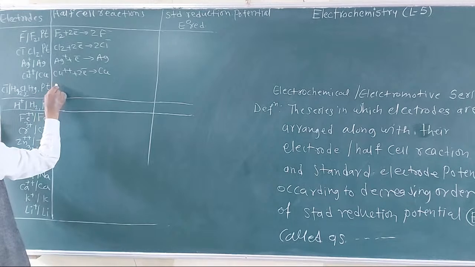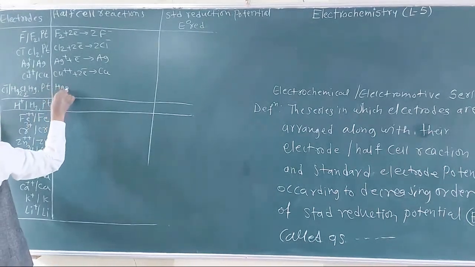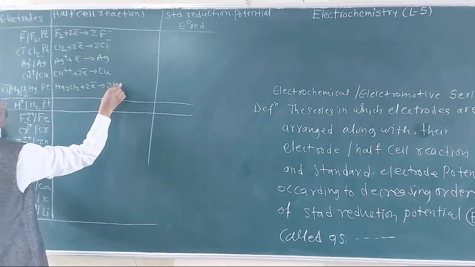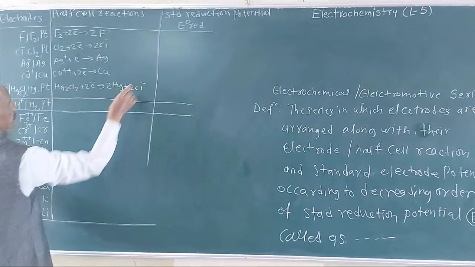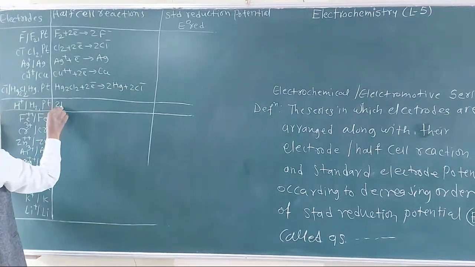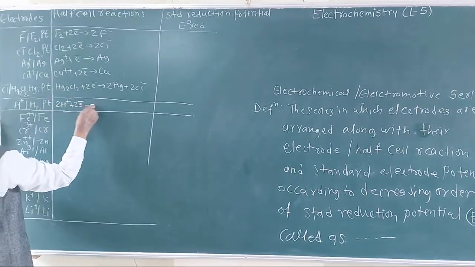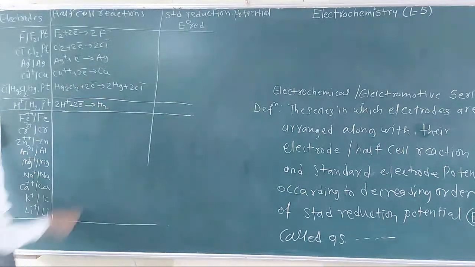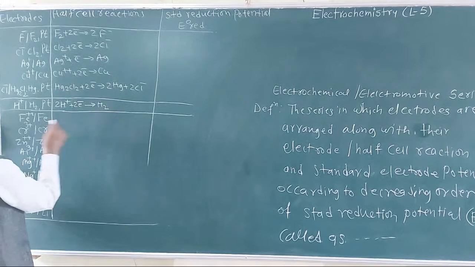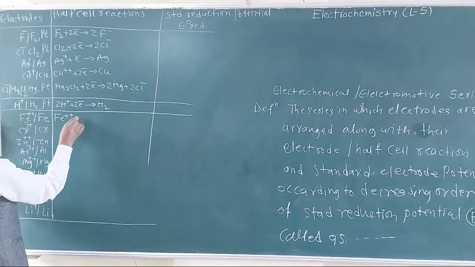And now this is mercurous chloride, taking electrons to give mercury plus 2 chloride ions. So this is also a reduction reaction. Here again, this is a specially important electrode, used as a standard reference electrode. But first write down all these reduction reactions.